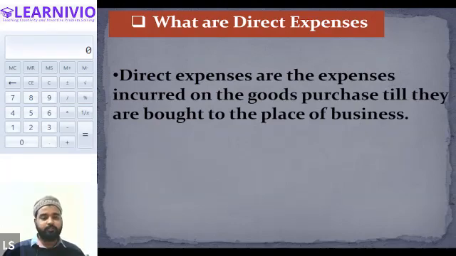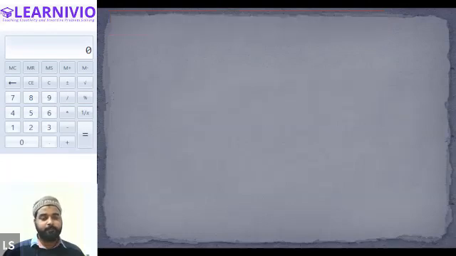All those expenses incurred in transit for bringing the goods into the business are also direct expenses. Expenses actually incurred on the purchase of goods are direct expenses. And expenses incurred in the factory itself are also direct expenses. All the expenses incurred beyond the factory will be considered indirect expenses.